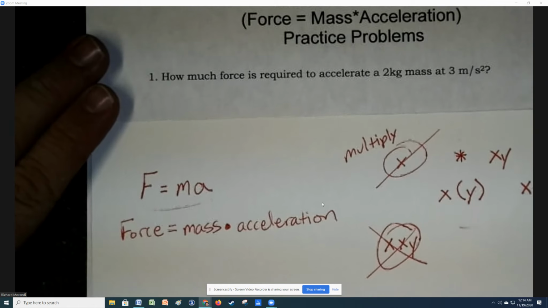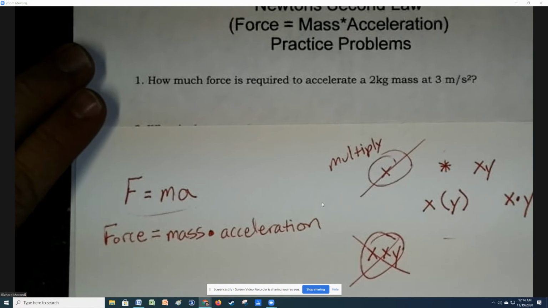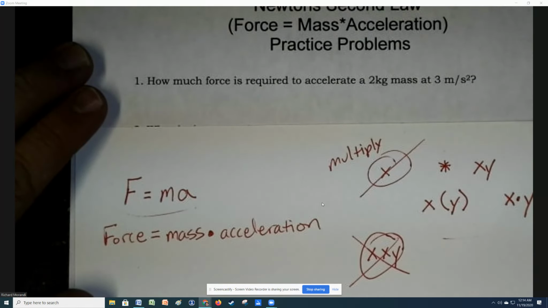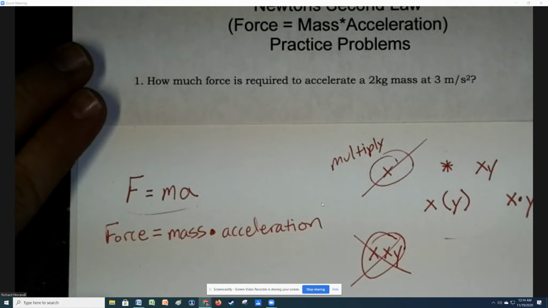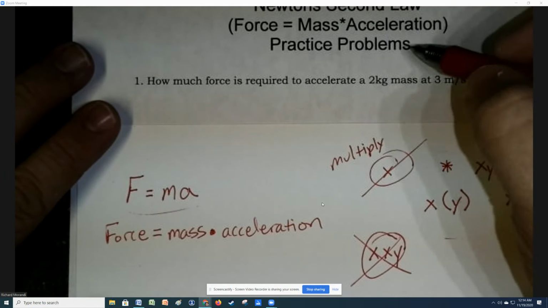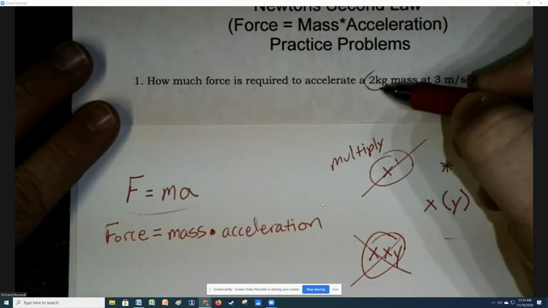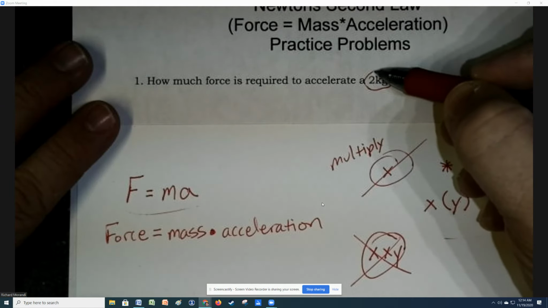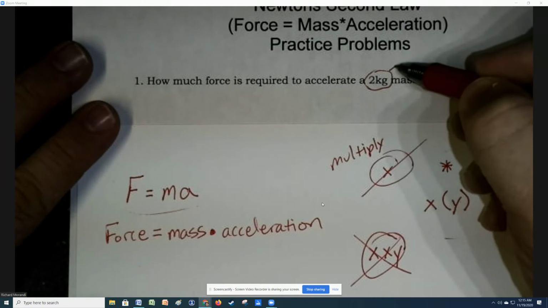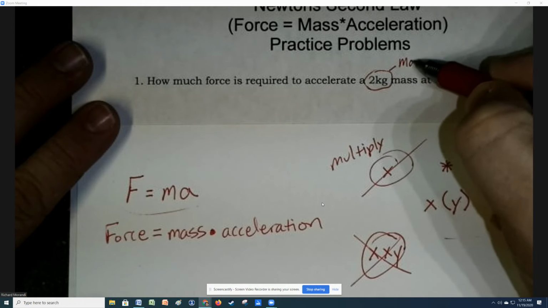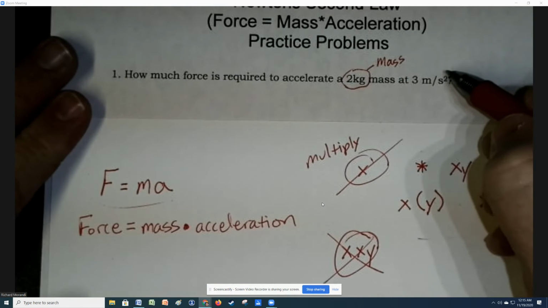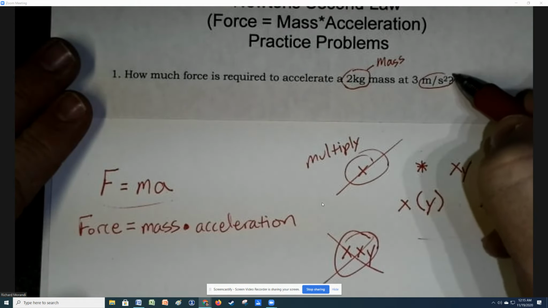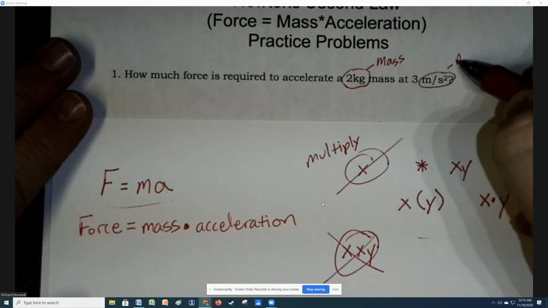So how much force is required to accelerate a 2 kilogram mass at 3 meters per second squared? Well, 2 kilograms is a measurement of mass, okay? 2 kilograms measures mass. And meters per second squared is a measurement of acceleration.